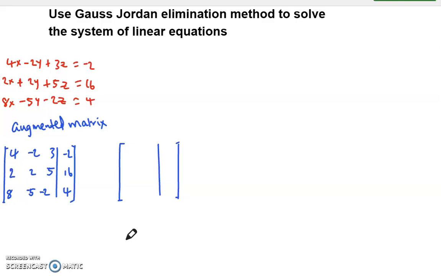So we need to revise equation 1 and equation 2, or interchange row 1 and row 2, in order to get a better organized matrix.